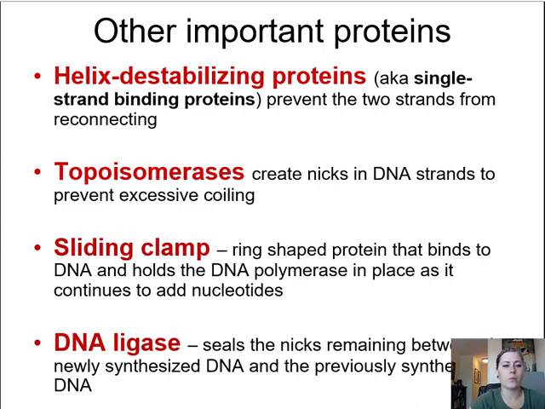A sliding clamp protein, which is a ring-shaped protein, will then bind to DNA, and it'll hold the DNA polymerase III in place as it continues to add nucleotides to the growing strand of DNA. Then DNA ligase will come in, and it will seal up the nicks that were created between the newly formed DNA and the previously formed DNA.